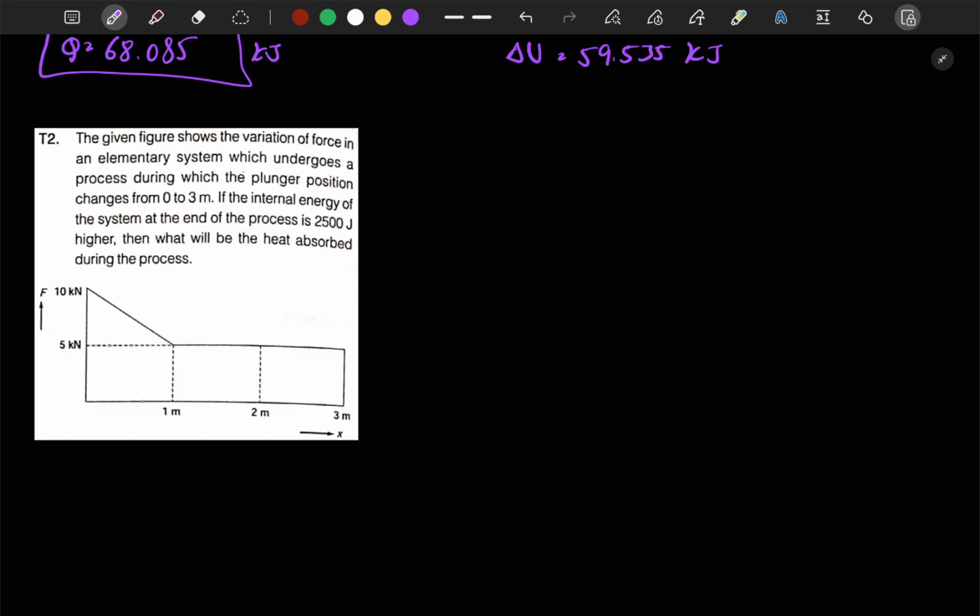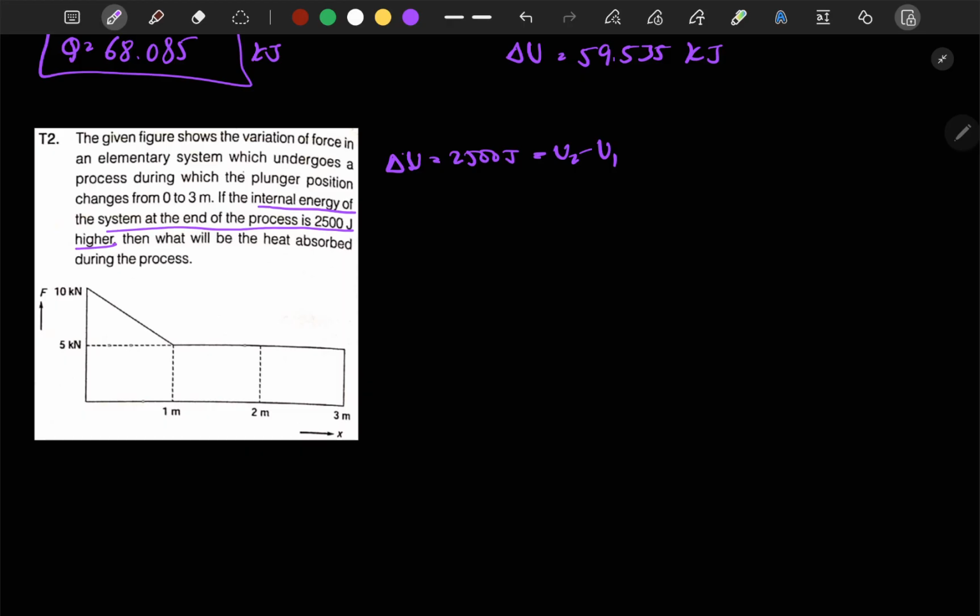The internal energy of the system at the end of the process is 2500 joule higher. It means that delta U is 2500 joule, which is U2 minus U1. Since final is higher than initial, we can directly consider it positive 2500 joule.